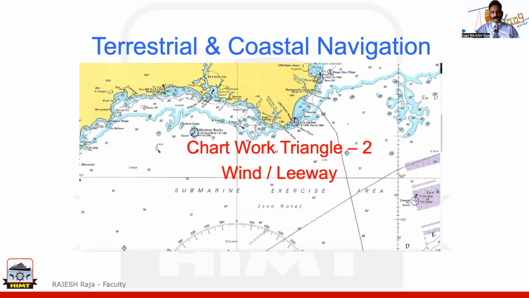And this time I'm going to look into the second part of environment, which is your wind, or we also call it leeway. So let us look into this continuation of the concept of chart work triangle. Initially, I'm going to tell you how the wind affects the motion of the vessel, and then I will link it or merge it with the chart work triangle.